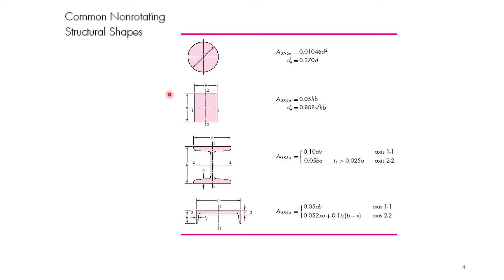Okay? For non-rotating shapes, you would need to calculate the equivalent diameter. For example, if your cross section is circular, your equivalent diameter would be 0.37d. If it's rectangular, it would be 0.808 square root of hb, and so on.